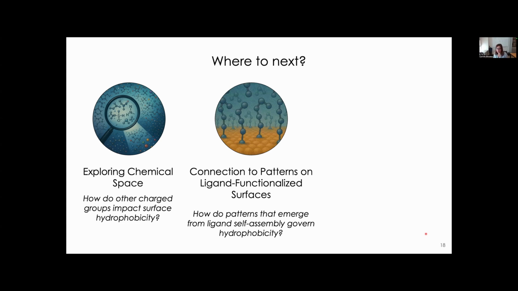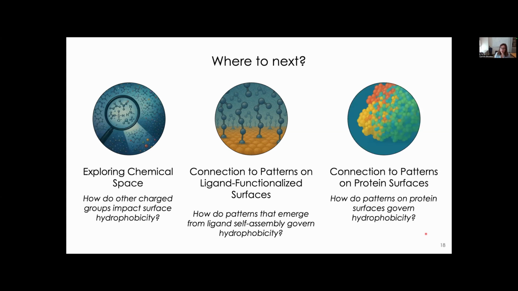And so we're interested in thinking about when we observe patterns form from ligand self-assembly on surfaces, how do the patterns that we observe in these really ordered systems translate to more realistic systems? And then similarly, we're interested in thinking about how the hydrophobicity of these different patterned surfaces impacts how we think about patterns on protein surfaces.